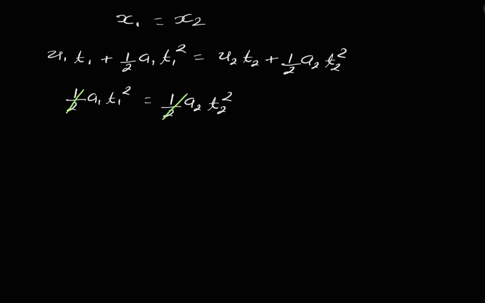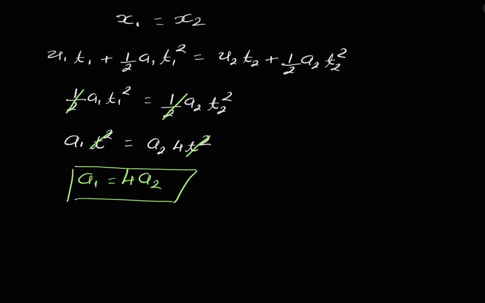Now let me put in the data. So a1 with time interval t for the smooth surface gives t square, is equal to a2 with time interval 2t for the rough surface, and the square of 2t means 4t square. Now t square cancels out on both sides, so we get our answer: a1 is equal to 4a2. बच्चों, we can make a general formula out of this.